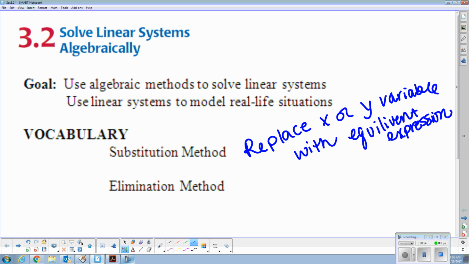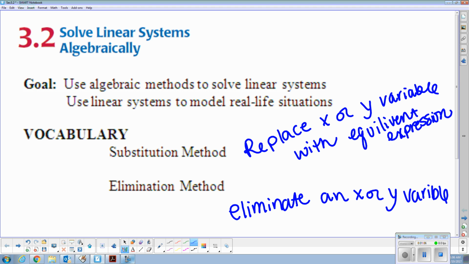And then the elimination method is where you eliminate an x or y variable to solve for whatever is left, either the x or the y.